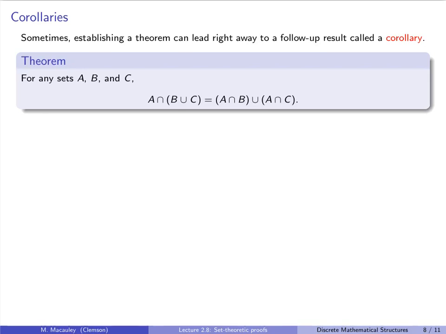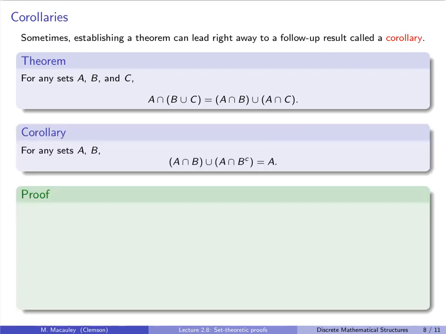Sometimes establishing a theorem can lead right away to a follow-up result that we often call a corollary. So as an example of this, here's the theorem that we proved 2 different ways, the distributive law. A corollary is the following. For any sets A and B, A intersect B union A intersect B complement is equal to A. So, of course, this is something that is not too surprising.